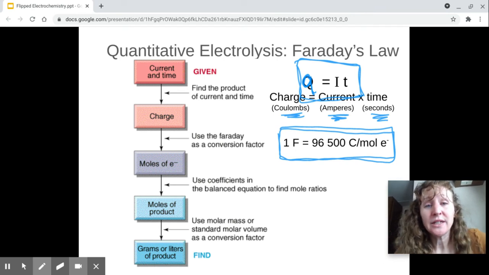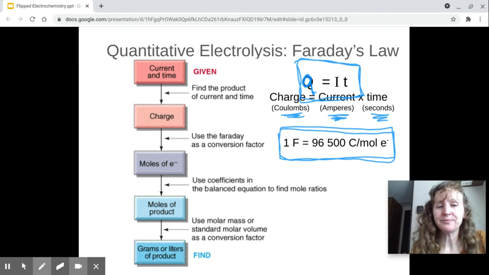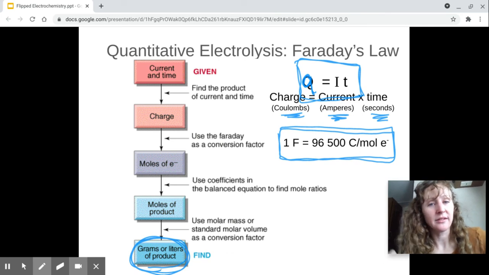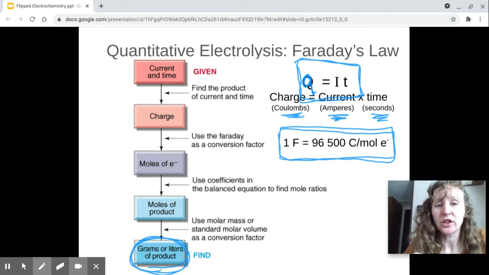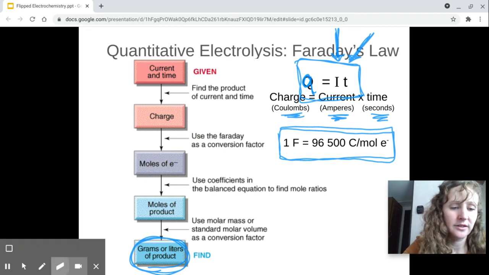If you use these things, then you can figure out how many grams or liters of the product it's going to take or make, if you know what the current is and how much time the cell runs for.